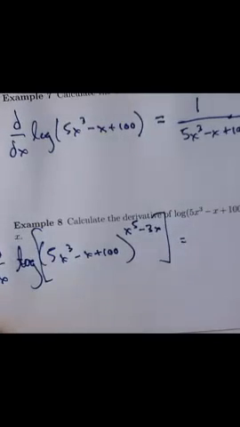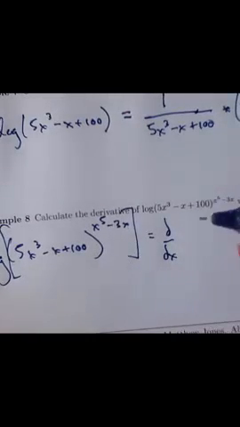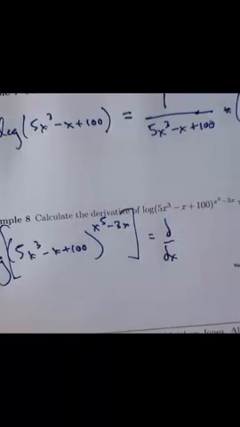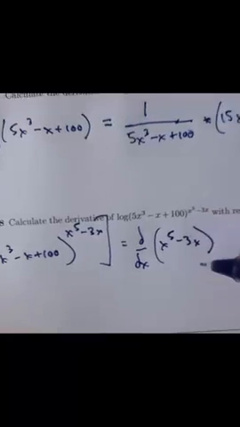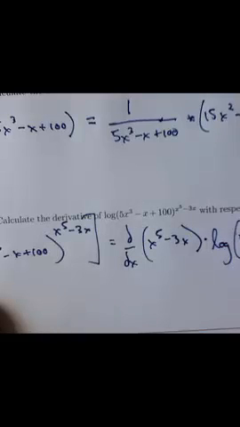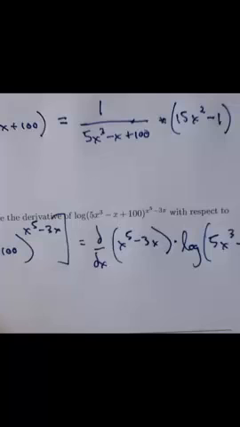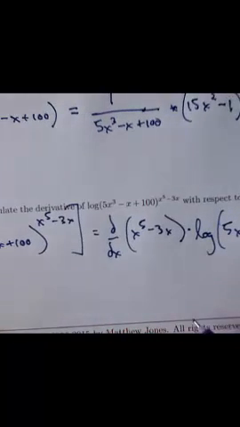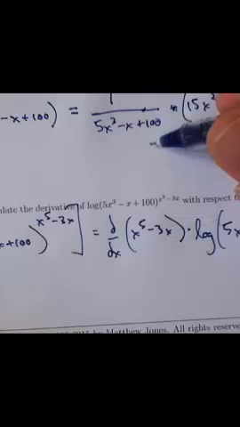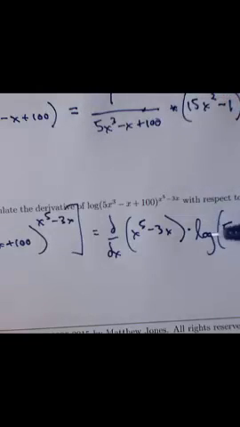Now, if I remember my rules for exponents and logs, I'll remember that I can actually bring this power down and multiply. So it's x to the fifth minus 3x times log of that stuff there, 5x cubed minus x plus 100. So now I've got the product of two functions here. Hey, you know what? I already know what the derivative of this stuff is. I'll remember that we've already differentiated this factor.